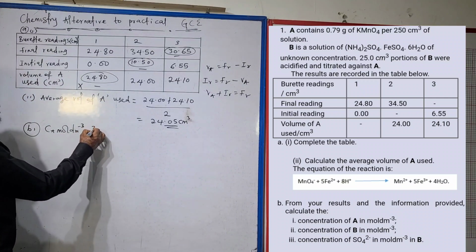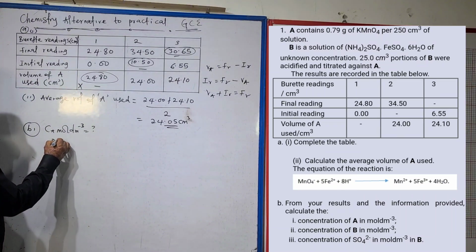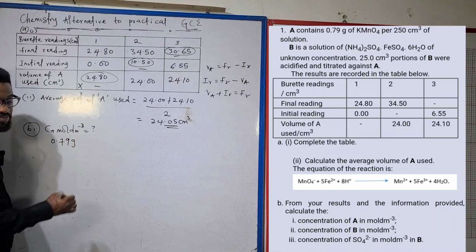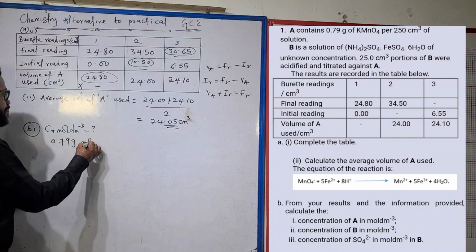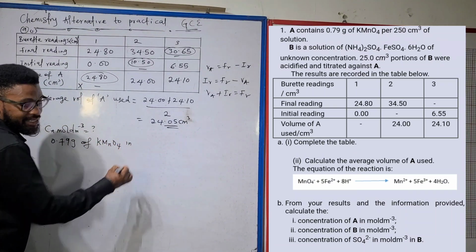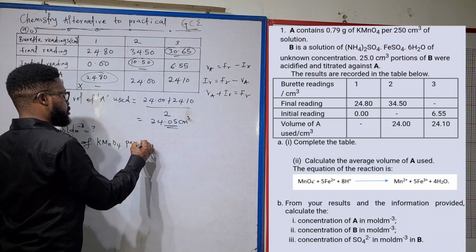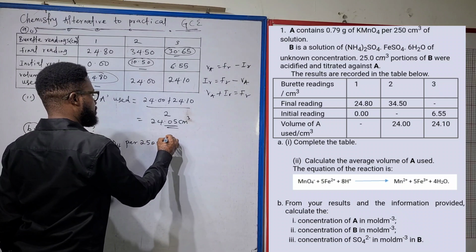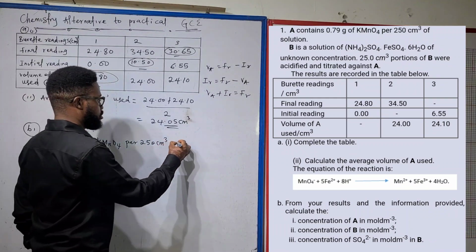So the data I have for A is 0.79 gram of KMnO4 per 250 cm cube of solution.